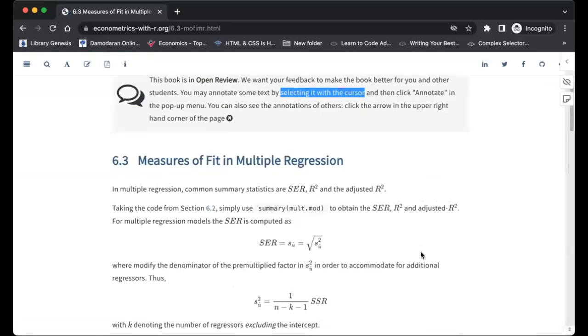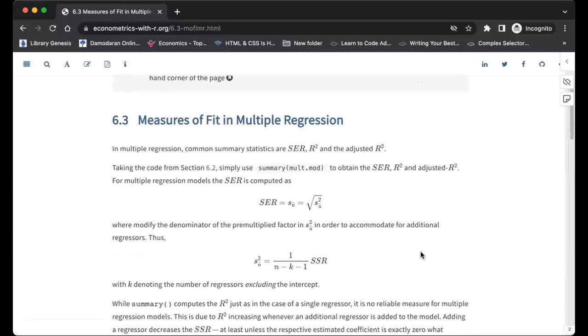So now we look at measures of fit. The measures of fit in multiple regression, the common statistics are the standard error of the regression, which is in a sense like the standard deviation, and then we have the R squared and the adjusted R squared.